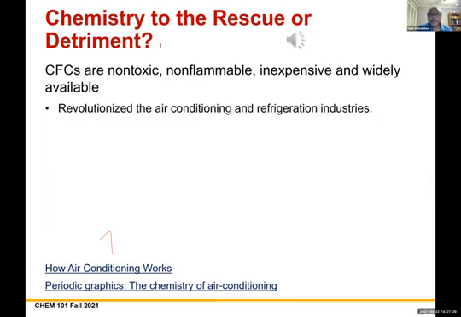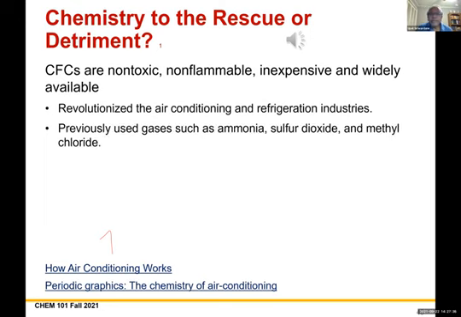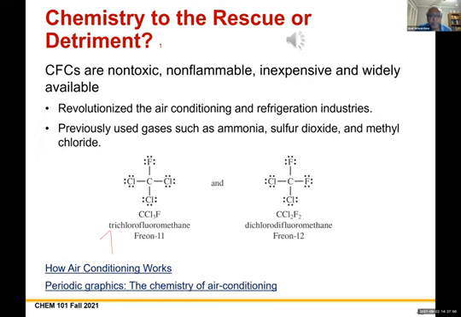It revolutionized the air conditioning and refrigeration industries. Previously, we used ammonia, sulfur dioxide and methyl chloride. They were smelly and bad. So we thought CFCs were a good fit.